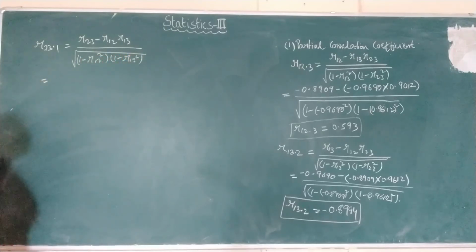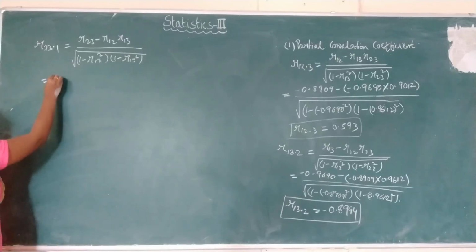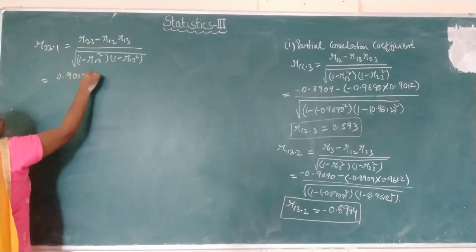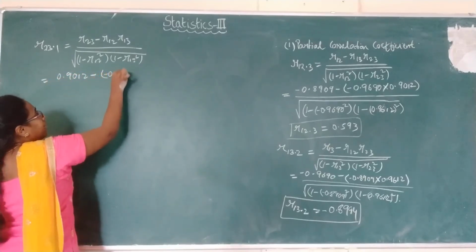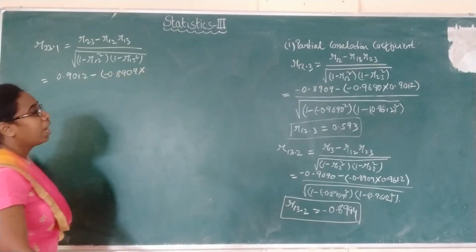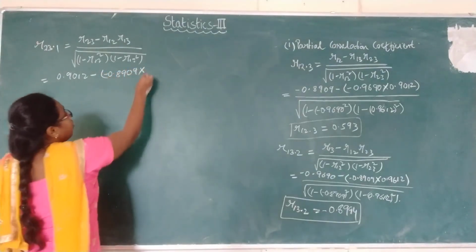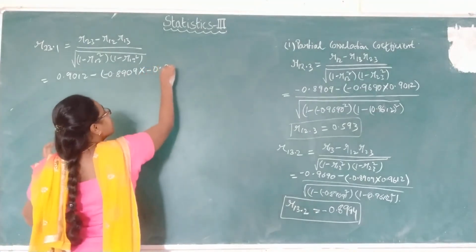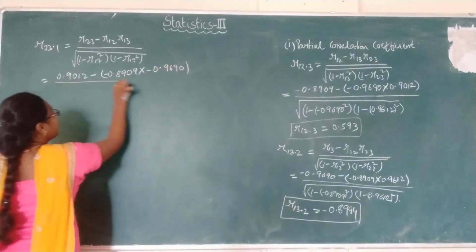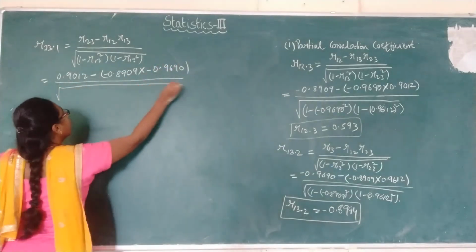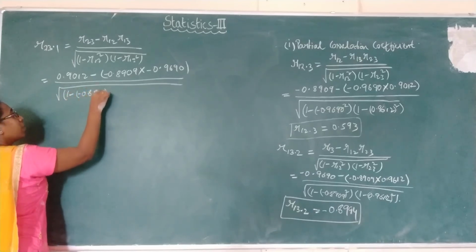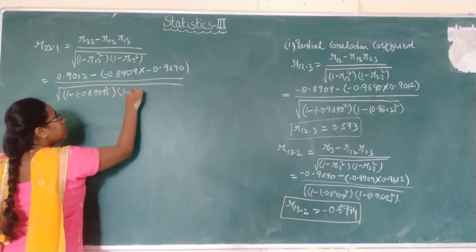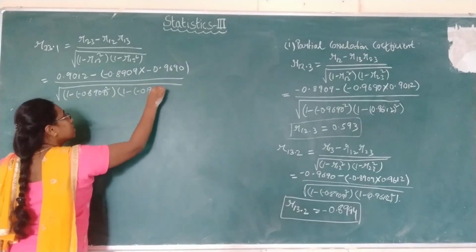Substitute the values. R23 value is 0.9012 minus R12 value is minus 0.8909 into R13 value is minus 0.9690 divided by square root of 1 minus 0.8909 square into 1 minus 0.9690 square.